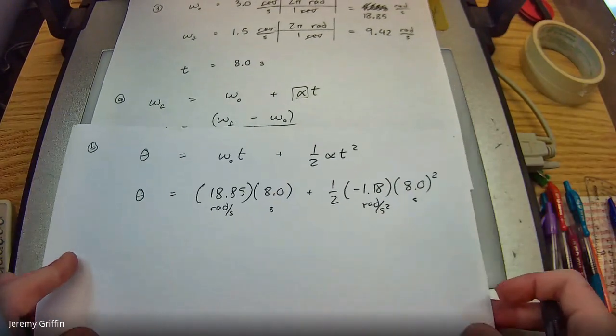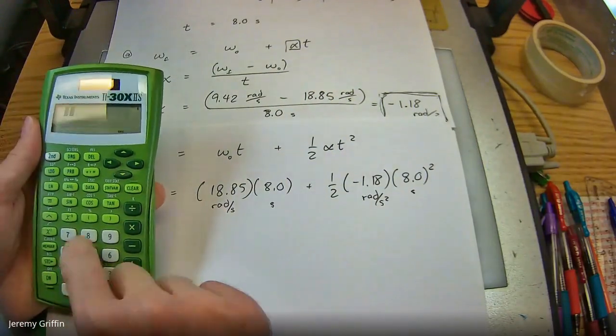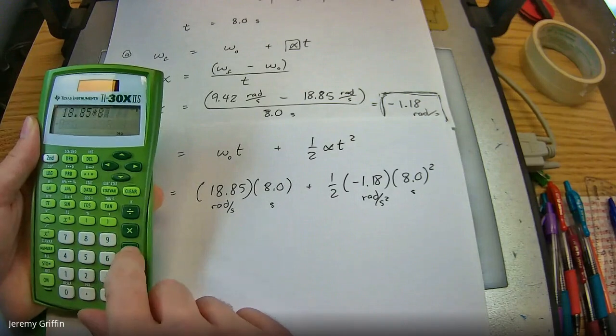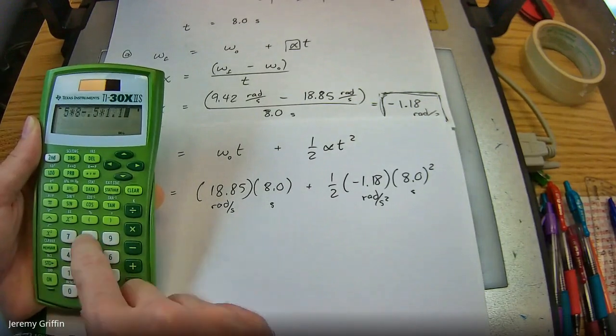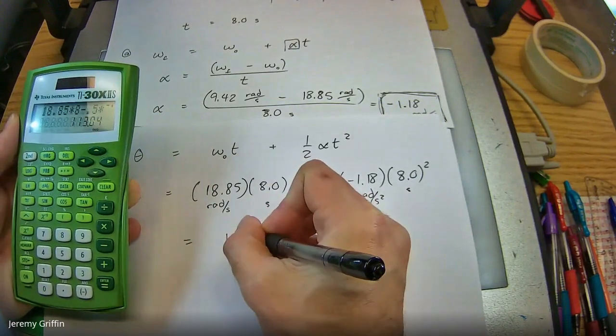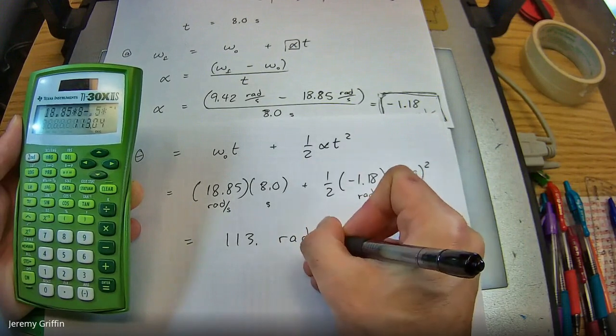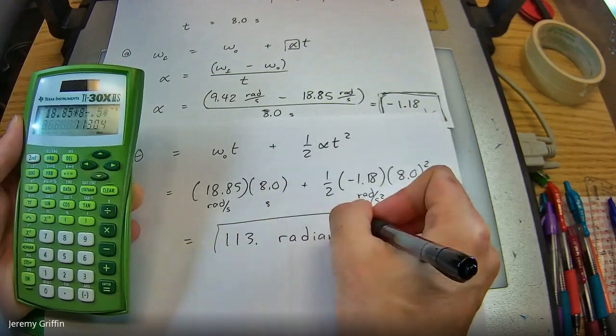All right, there we go. I'm looking at this many radians. That's how far this thing turned.